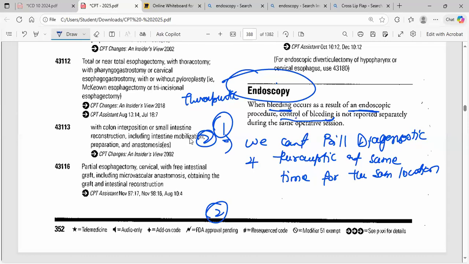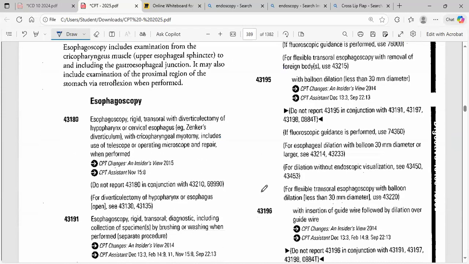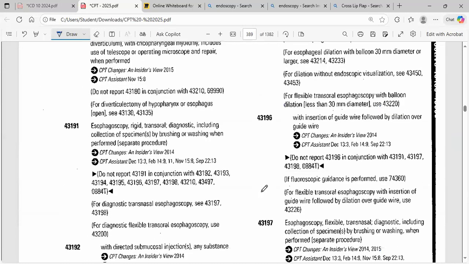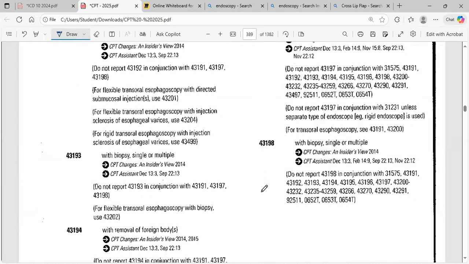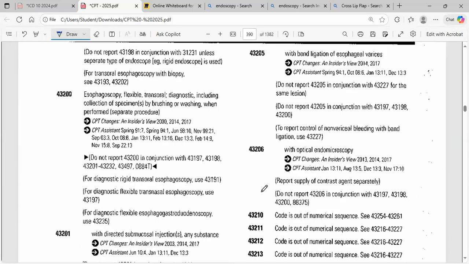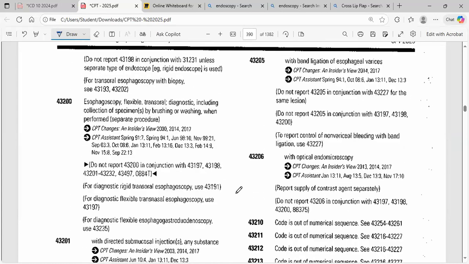So we bill a control of bleeding procedure only if the patient is coming in for the bleeding control. If the bleeding is due to the endoscopic procedure, then we are not going to bill that separately. So we have to follow these two guidelines in all endoscopic procedures.